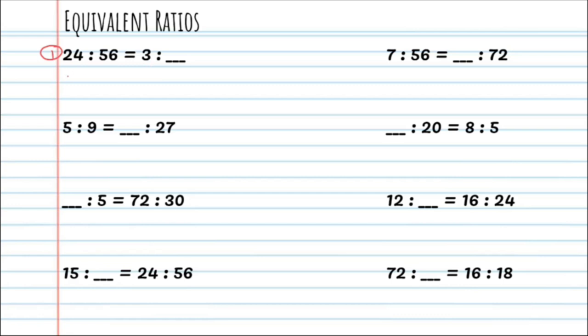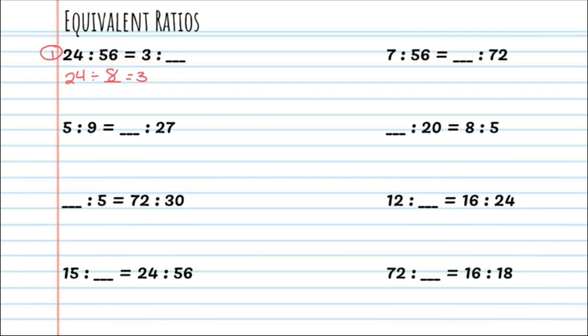So what would we divide 24 by to get 3? 24 divided by 3 would be 8. So now we know that we are looking at a factor of 8.